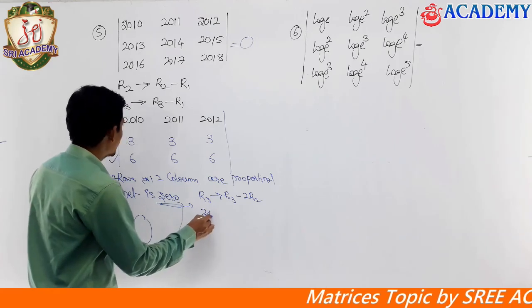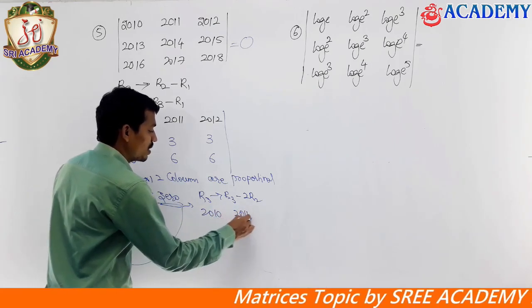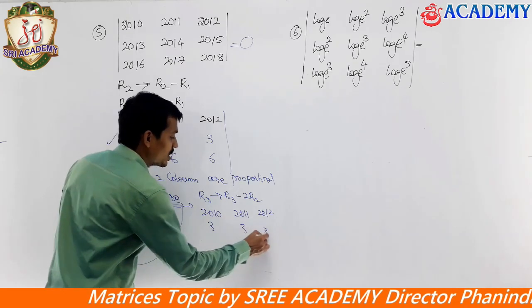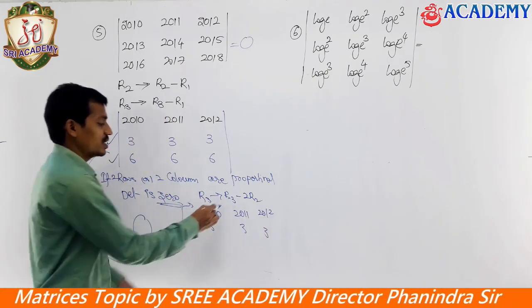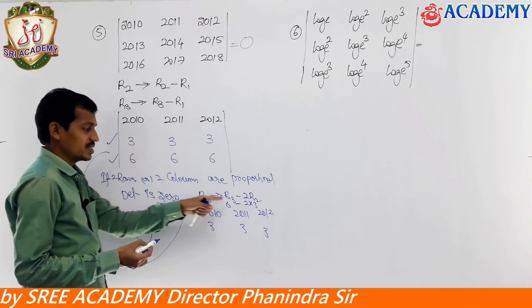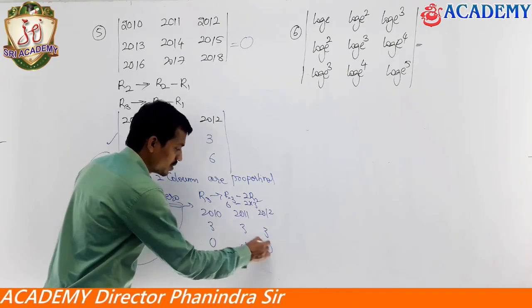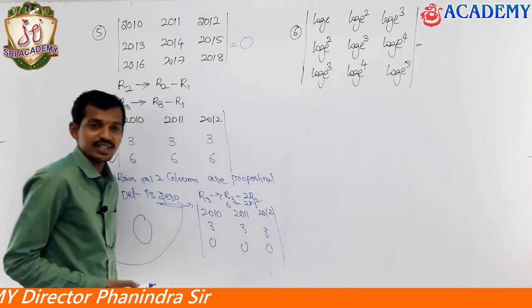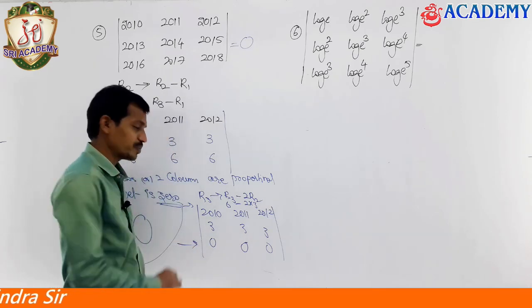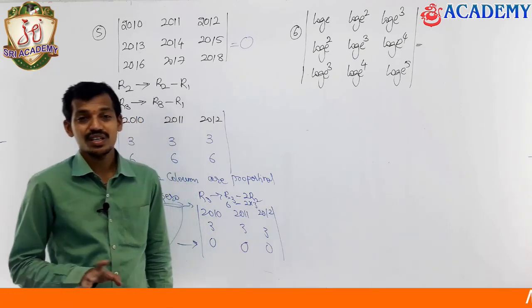Rows 2010, 2011, 2012, then 3, and 6 minus 2 into 3, that is 6 minus 6, 0, 0, 0. If proportionality is there, one row is 0. Indirectly, this is the shortcut for expanding the determinant.